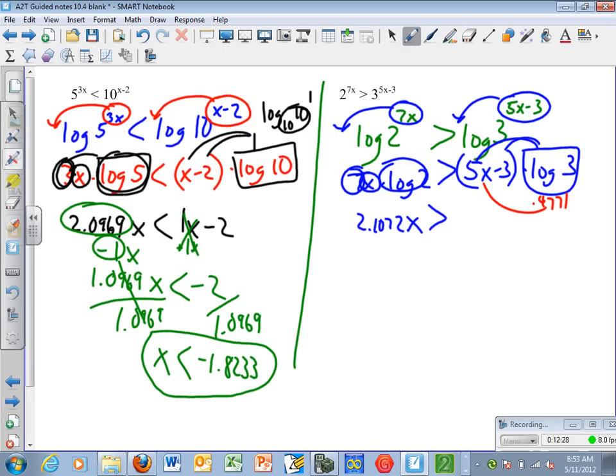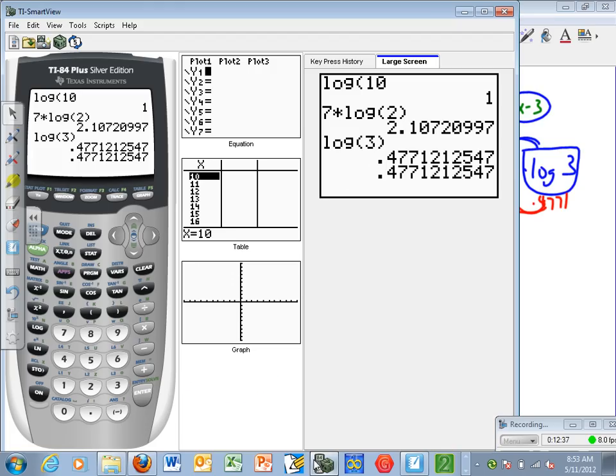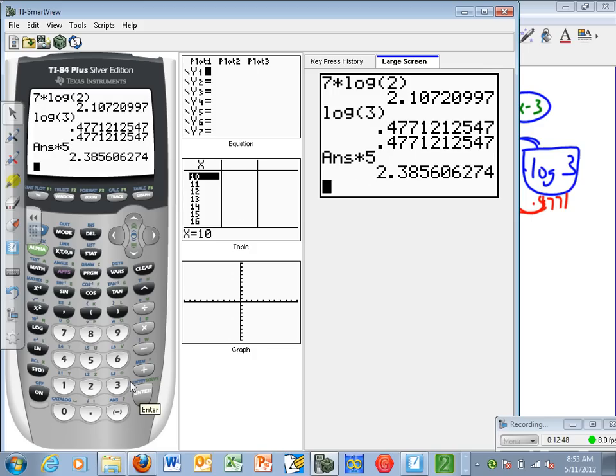So I'm going to distribute that to both of those. I'm going to take 5 times 0.4771 and put that in front of x. So let's multiply what we have in our calculator times 5. We get about 2.3856.